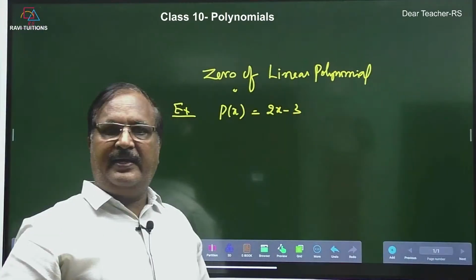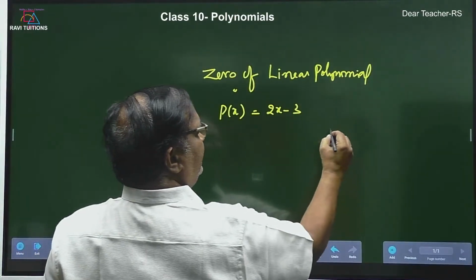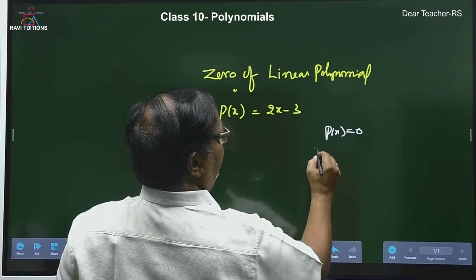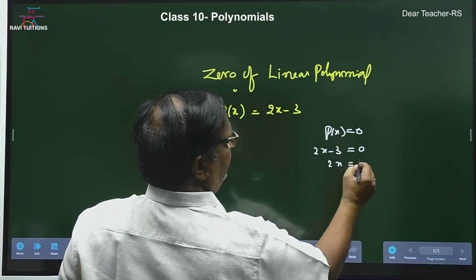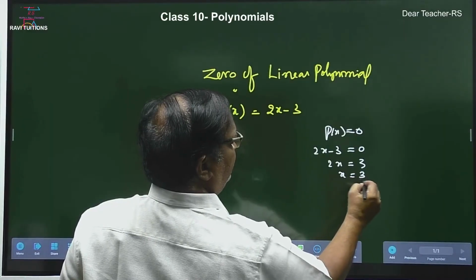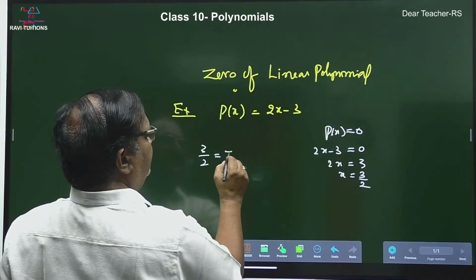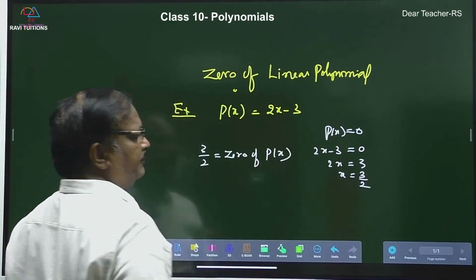Our target is to find the zero of p(x). So let p(x) be equal to 0. 2x minus 3 is equal to 0, 2x is equal to 3, and x is equal to 3 by 2. So 3 by 2 is the zero of the polynomial p(x).